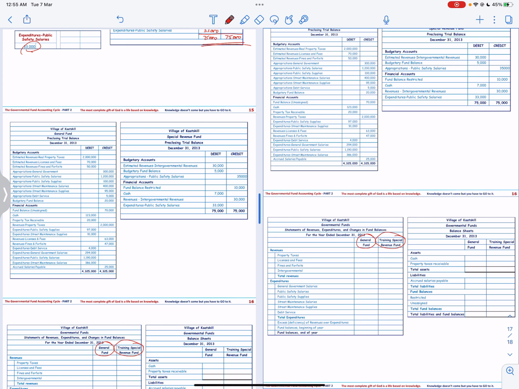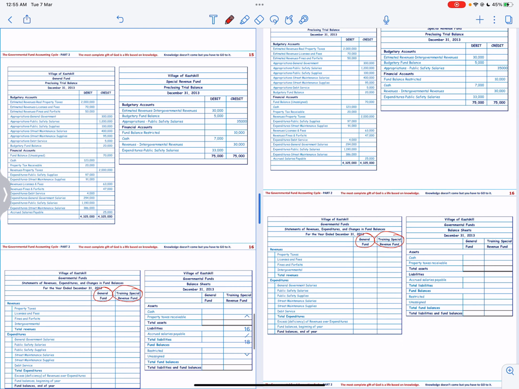First of all, we are not going to record the budgetary accounts, we are going to record the financial accounts. So we have the fund balances, which will be in the balance sheet. Well, let us look into the revenue. The revenue is 2 million.